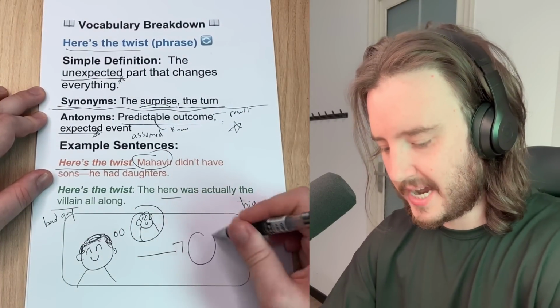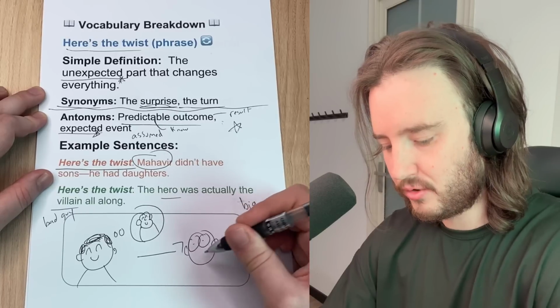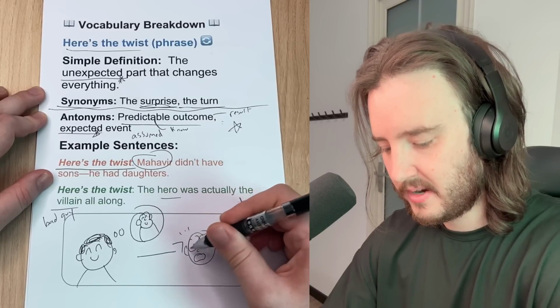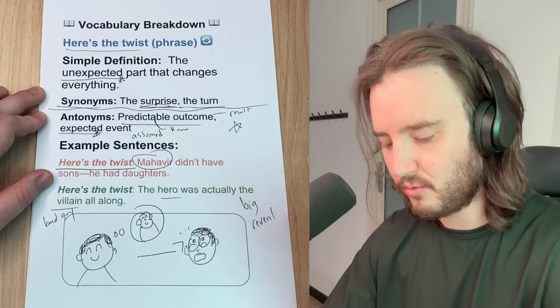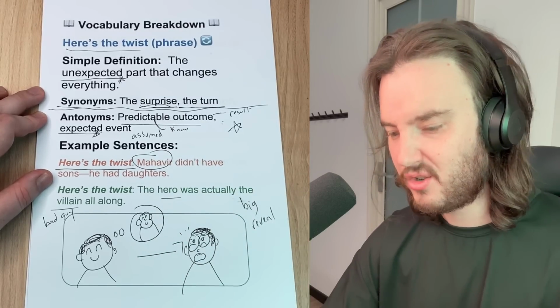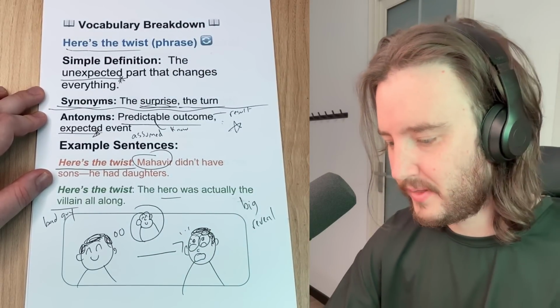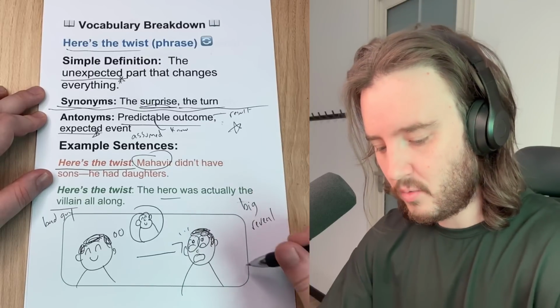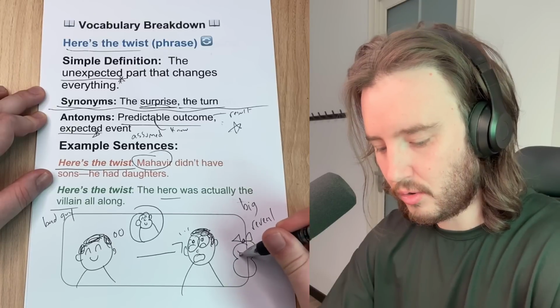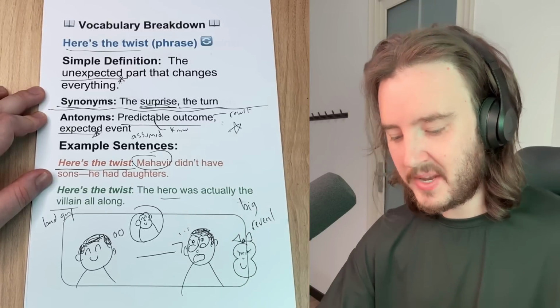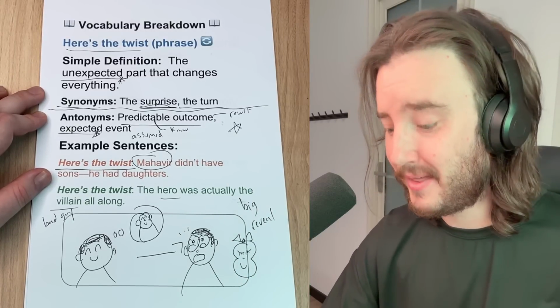But what actually happens, here's a picture of him looking shocked, right? He's really shocked. Oh no. He's really unhappy with this turn of events, with this big reveal. What he actually gets is a baby girl, and he is not happy about that.